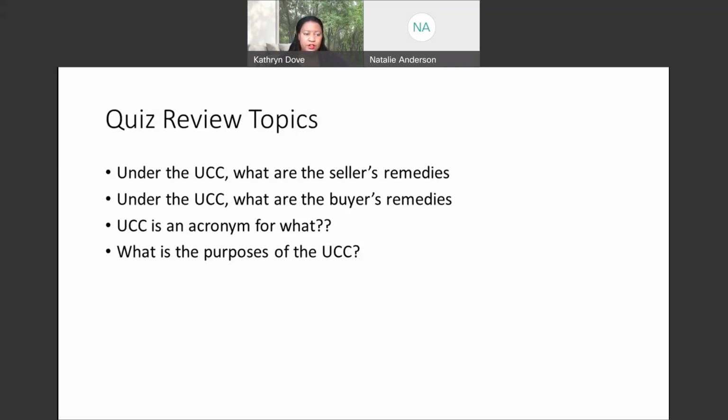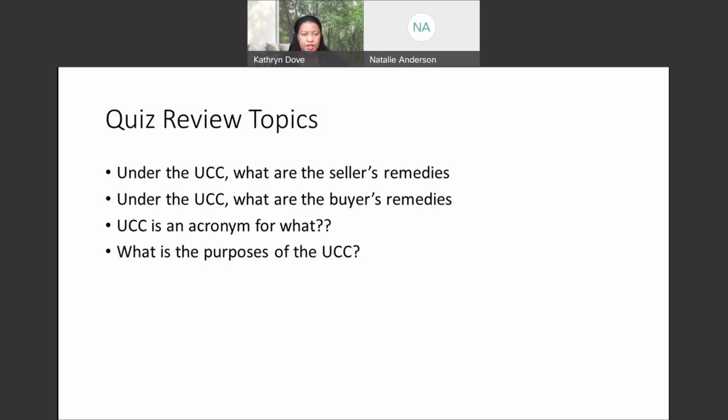Buyer's remedies are to sue the seller for specific performance, excuse me, to sue for breach of contract, to sue for damages. UCC is an acronym for the Uniform Commercial Code. What is the purpose of the UCC? It's to uphold smooth commercial transactions for the sale of goods.